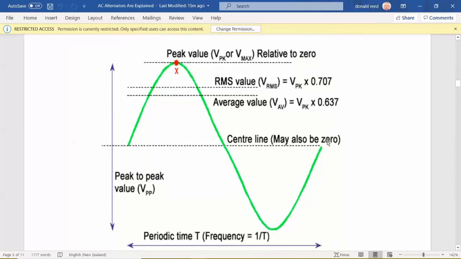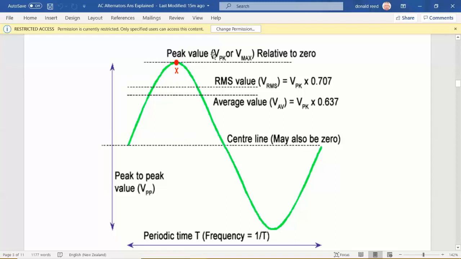That's the peak and the positive, and down here the peak and the negative. From there to there is one cycle, and we're going to be learning about the RMS value, the average value, peak to peak value, and the peak value.